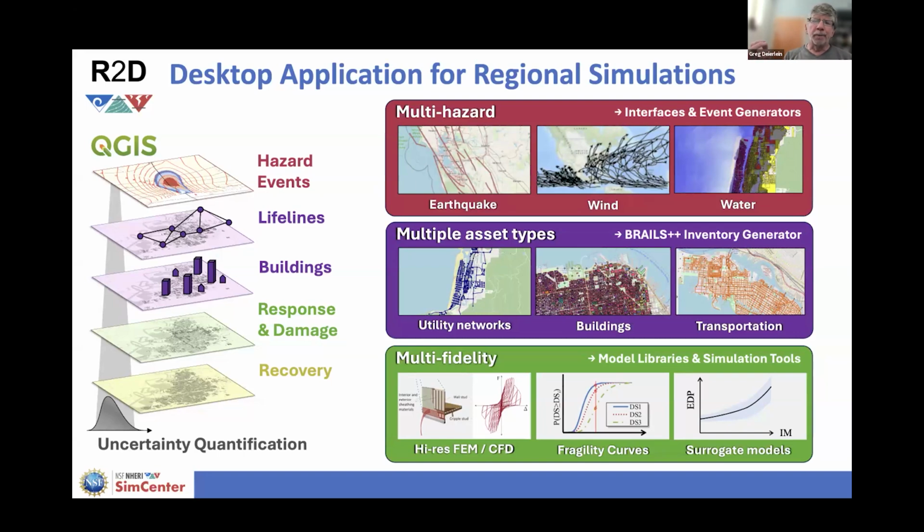One's called BRAILS++, which really facilitates the development of these inventories, which is a critical piece of the regional simulation. And then a key thing here is to mix and match multi-fidelity models. Could be a high resolution model of one particular building or piece of infrastructure in a larger simulation that has lower fidelity for the features that are lesser important for a specific study that's being done.